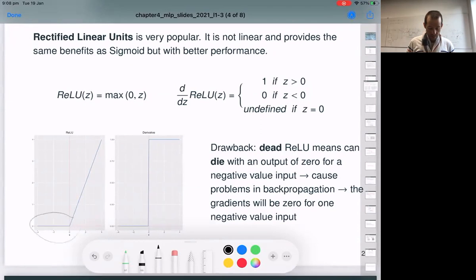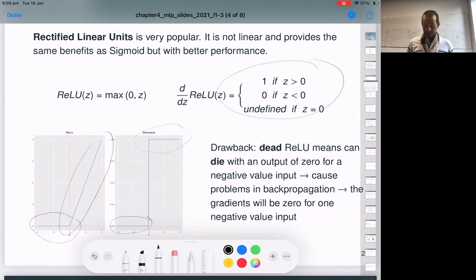So this is the shape of the ReLU, which is non-linear. Even if it looks like linear, it is a non-linear function. If you look at the derivative, it is like this: it's 0 for values which are negative, and it will be 1 for positive values.